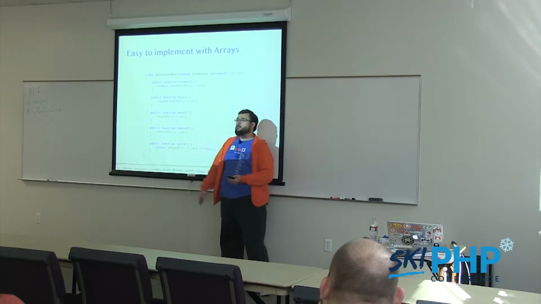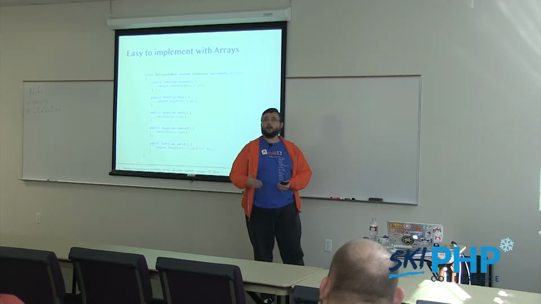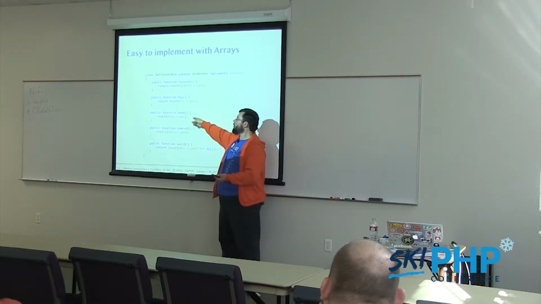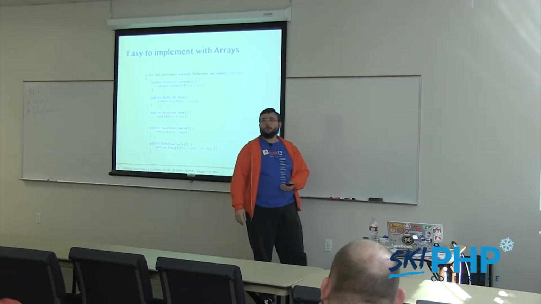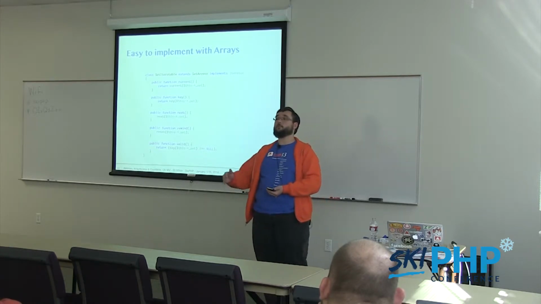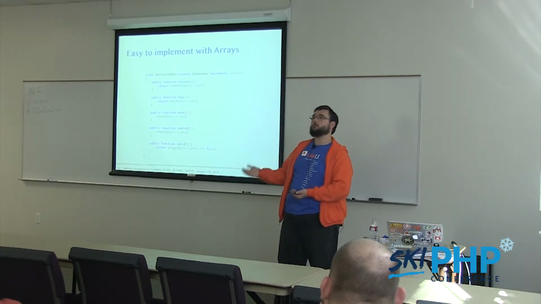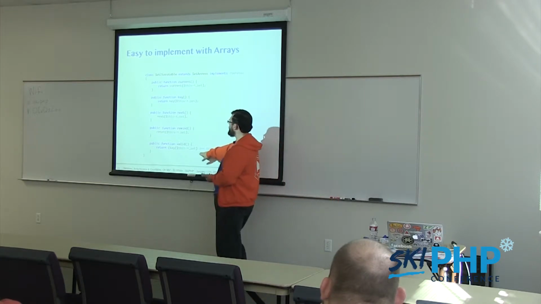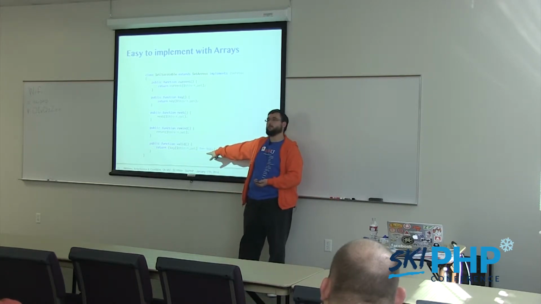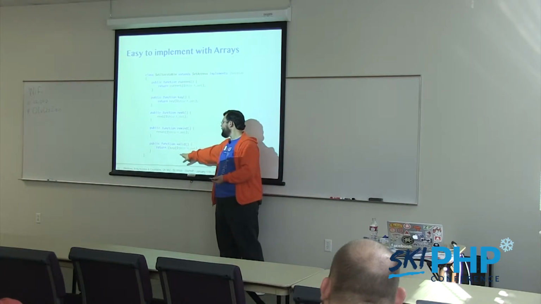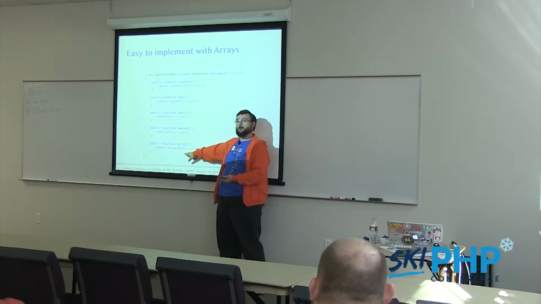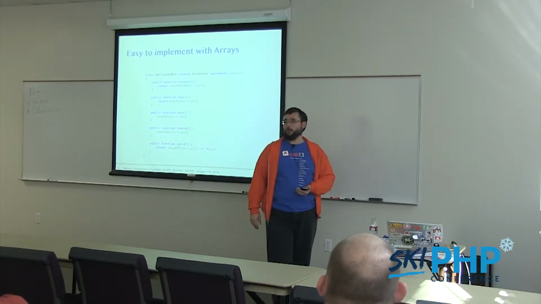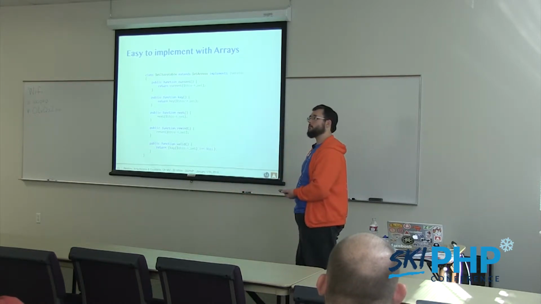And then for valid, you need to get a little trickier, because again, the idea is that potentially next has been called already on this array. The array is now in an unknown state because it stepped off the end, and you need to be able to detect that. So this little line of code here is sort of the best way I have found to detect this, which is that you try to read the key of the current array, and the key will come back as null if it has moved off the end of the array.